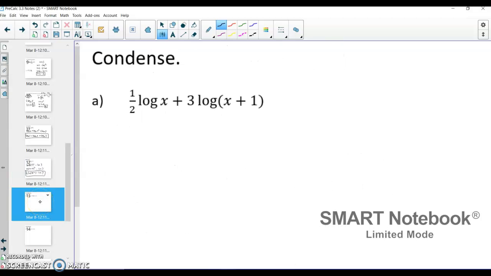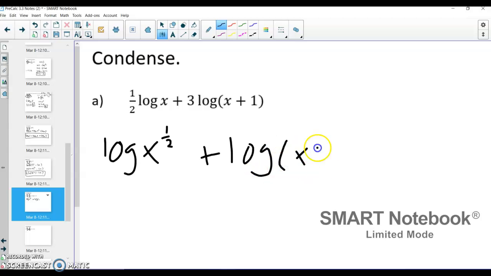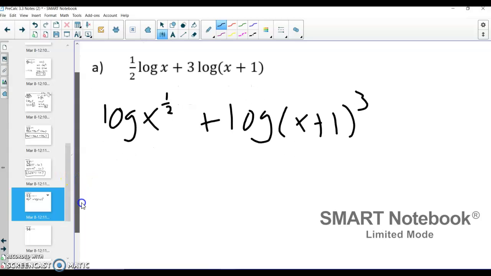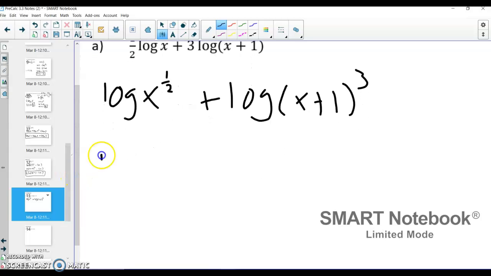Let's look at a condensing one. So this can turn into the log base 10 of x to the 1/2 plus log base 10 of x plus 1 to the 3rd power, just using the opposite of the power rule, or going the other way with the power rule. Let's change these into square roots and cube roots.